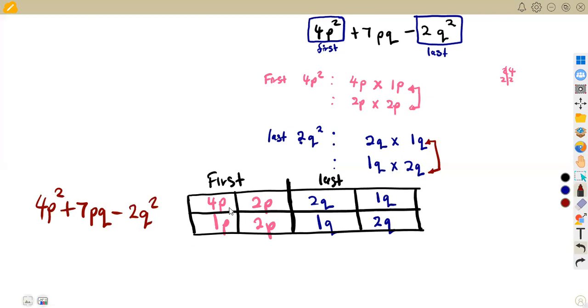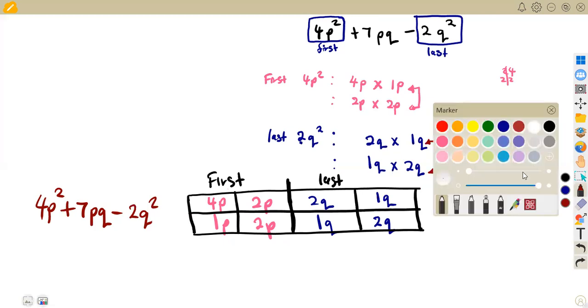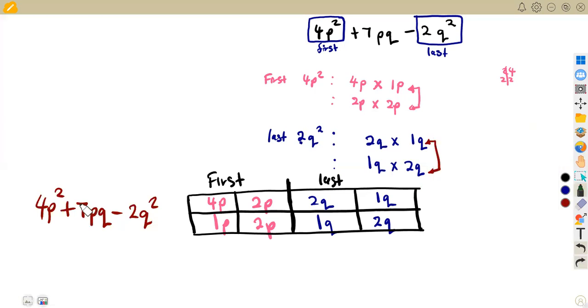If I multiply 4p and 1p, I get 4p squared, which is true. If I multiply the first terms 2p and 2p, I get 4p squared. But on the condition that I have to consider the middle term, which is 7pq.